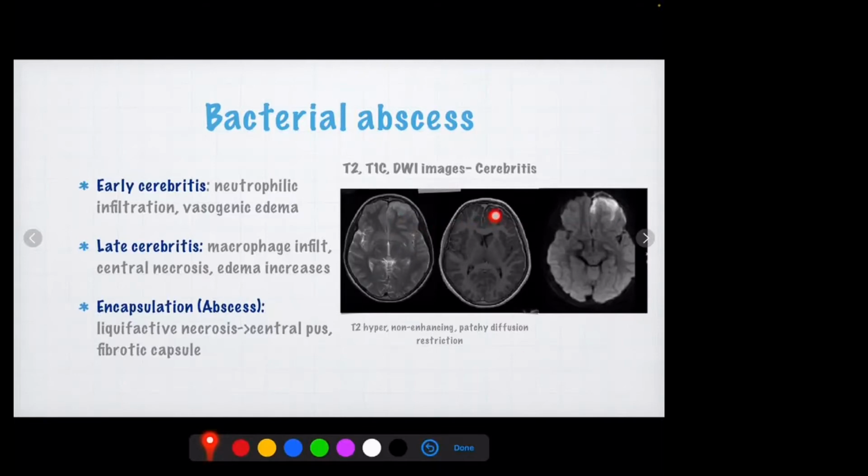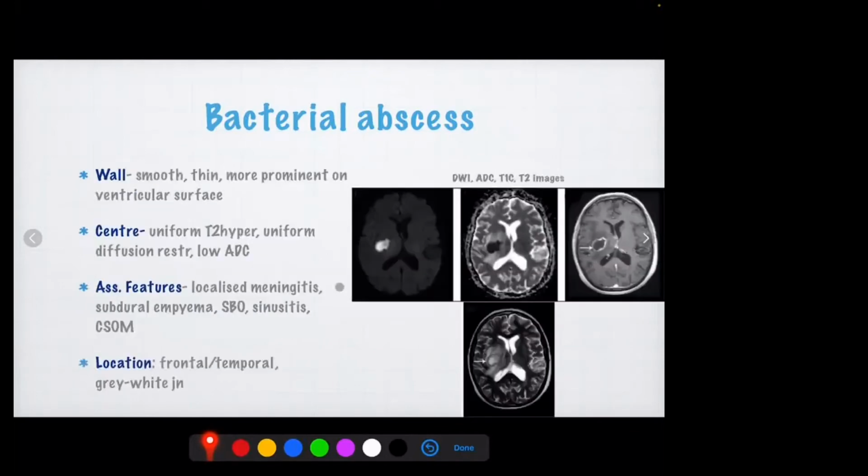On contrast, we can get a clue that there is developing subdural empyema and contrast enhancement of the meninges here, but there is no enhancement inside this lesion, right? Because the blood-brain barrier is not so much breached at that point of time, and there is inhomogeneous diffusion restriction at that point of time, because the water molecules can transfer well across the cells.